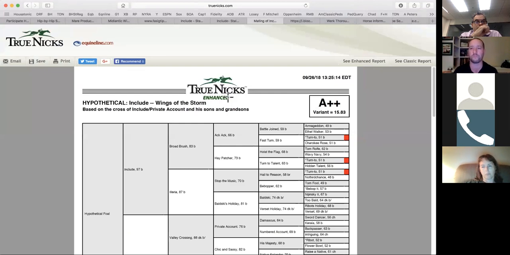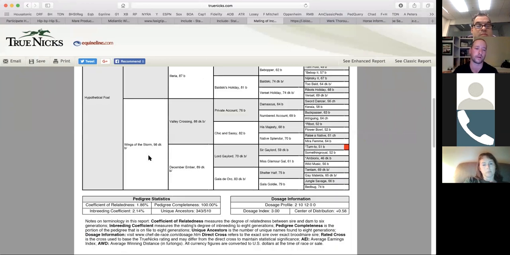They each take the same data, and then they each have their own algorithms that process that data and decide how successful a cross has been versus how successful they think it should have been. When we talk about crosses and NICs, True NICs and ENICs, these programs really only use two names in the pedigree. They use the sire and the broodmare sire.